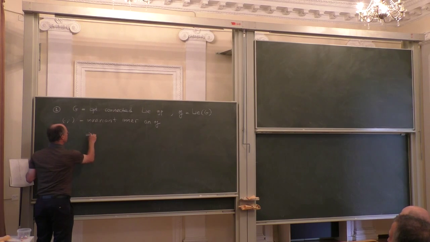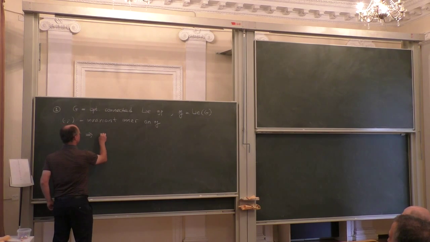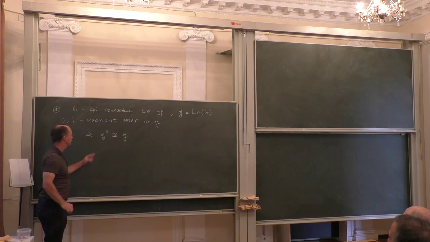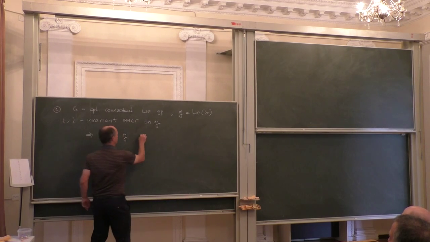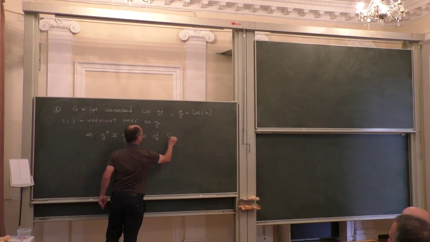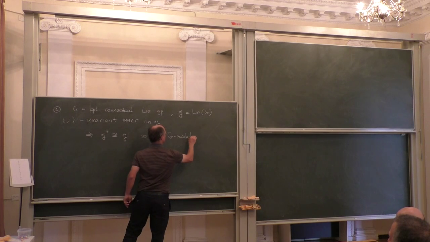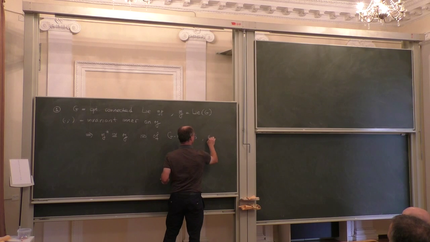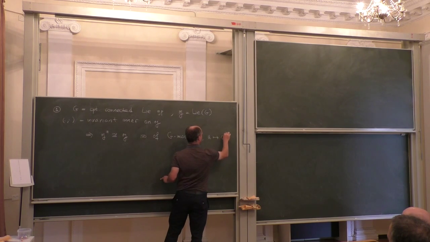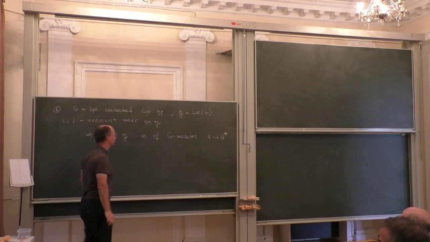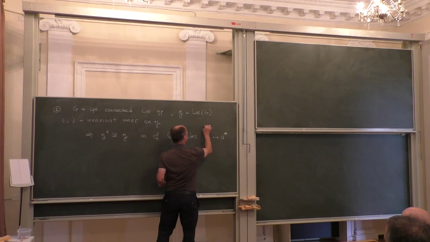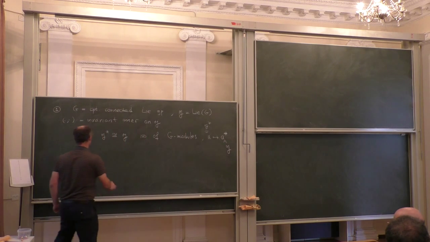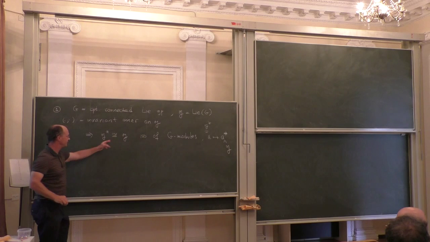But for now, once we have this invariant inner product, we have an isomorphism of g with its dual space, and this is an isomorphism of G-modules. I'll denote it by A mapped to A sharp, where A is an element of the dual, and A sharp is an element of the Lie algebra.